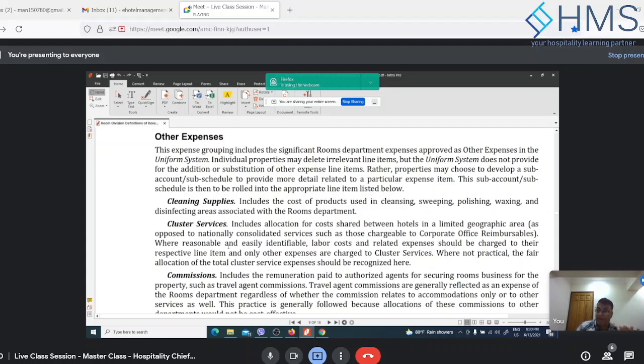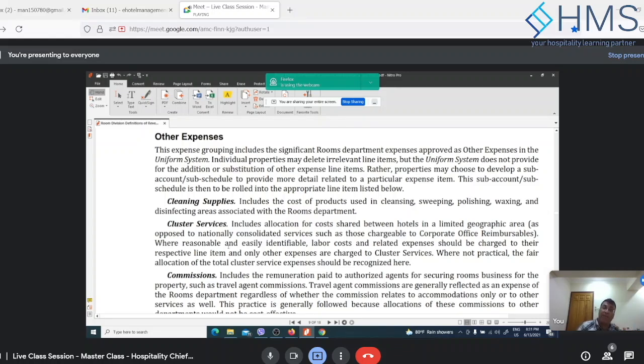So for cleaning supplies, you may have contracted services, meaning you may be contracting out certain services, or you may be doing it all in-house by yourself. The labor cost will go to labor, but the other expenses for chemicals, equipment, material, and repairs will still be part of your daily expenses.